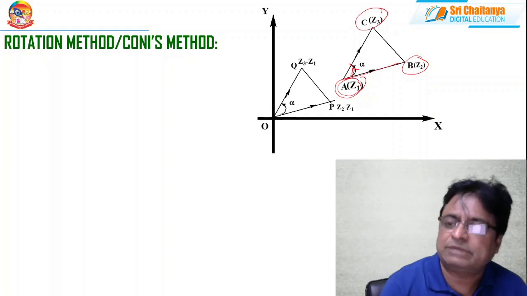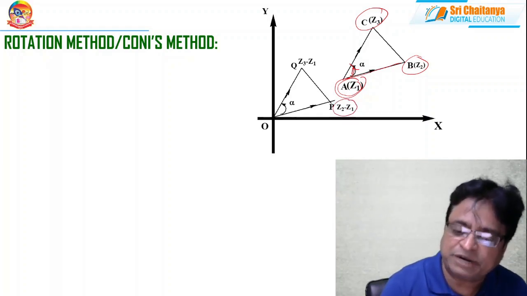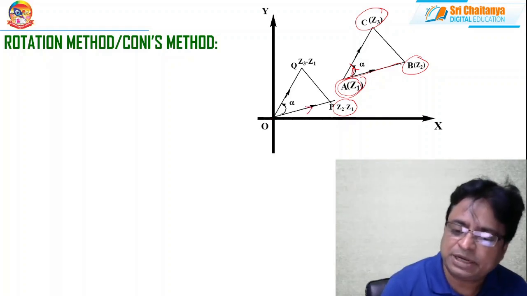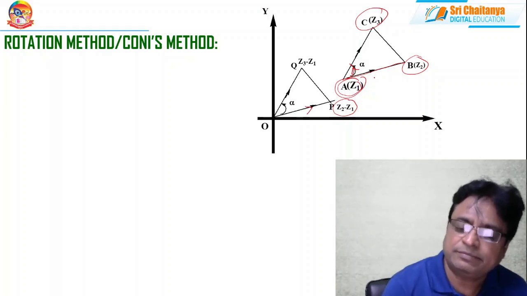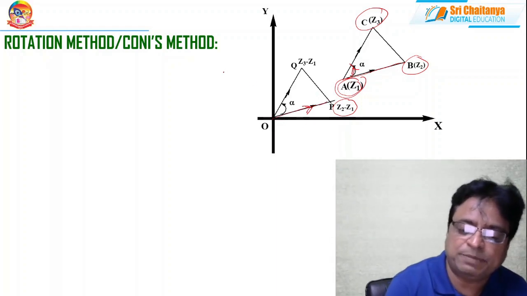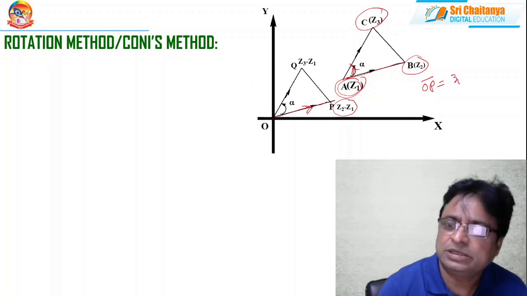Z2 minus Z1. The position vector of this point, I have represented with OP bar. So AB bar is a vector on the Argand plane. The corresponding position vector of vector AB bar is represented with OP bar. So OP bar is nothing but Z2 minus Z1.